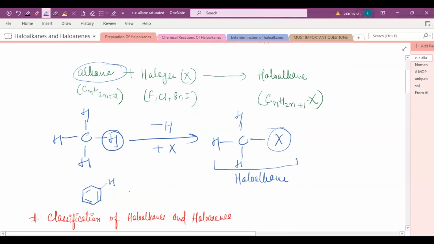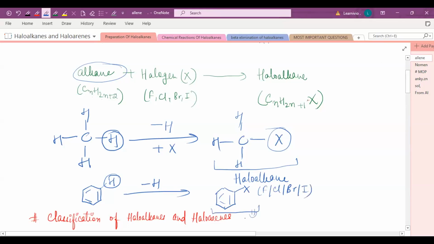When you replace this hydrogen by a halogen group, which could be fluorine, chlorine, bromine, or iodine, this is known as haloarene, or aryl halide.